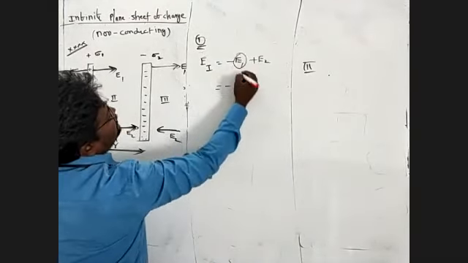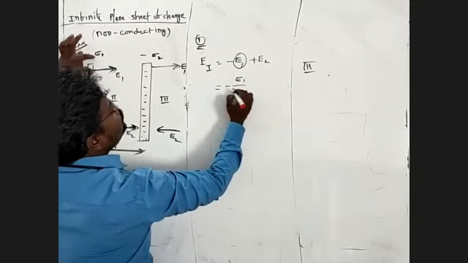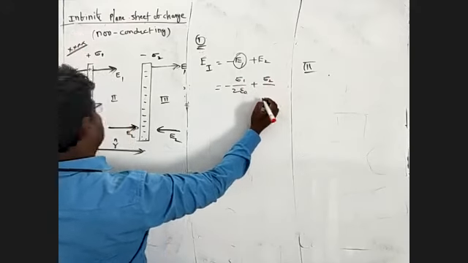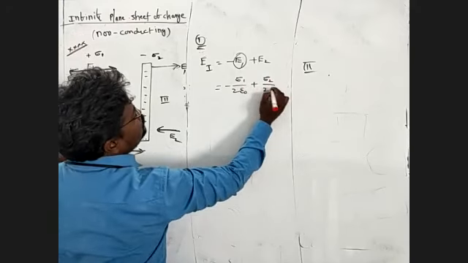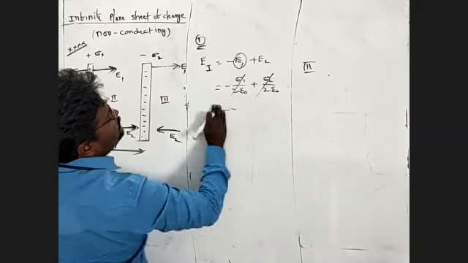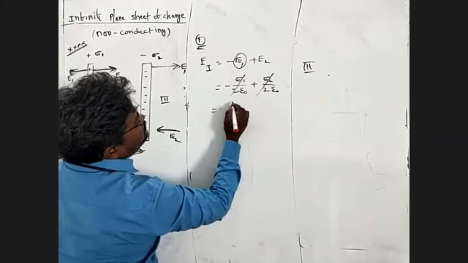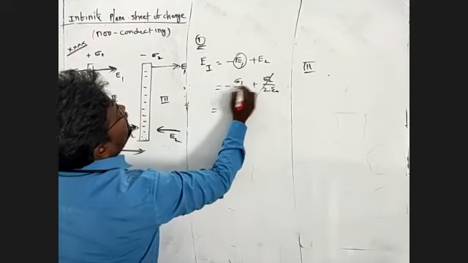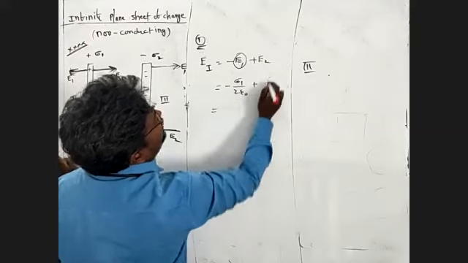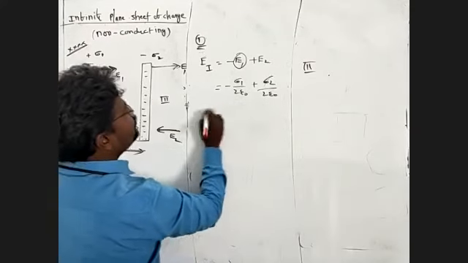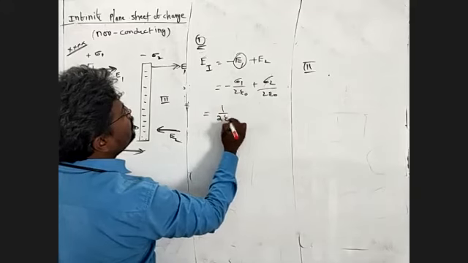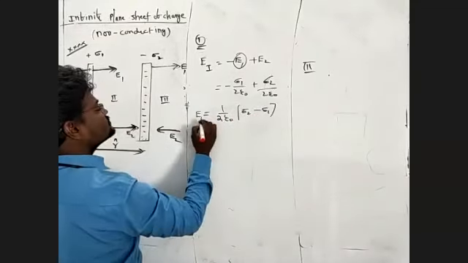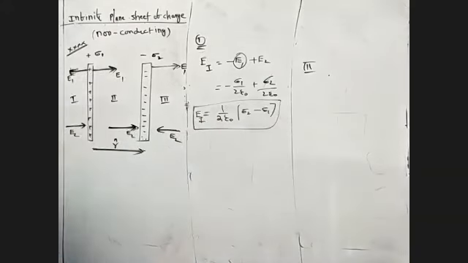Minus E1 means sigma 1 by 2 epsilon naught, and E2 means sigma 2 by 2 epsilon naught. In both terms, the common factor is 1 by 2 epsilon naught, giving sigma 2 minus sigma 1. This is E1, the field in region 1.